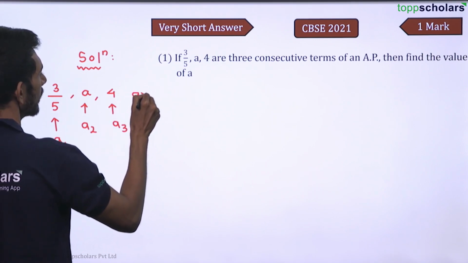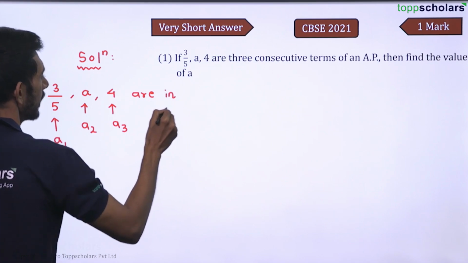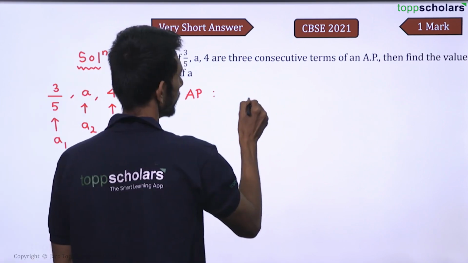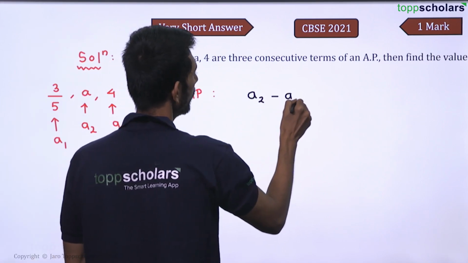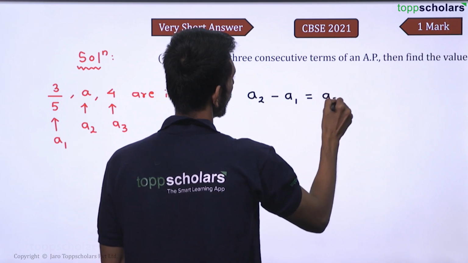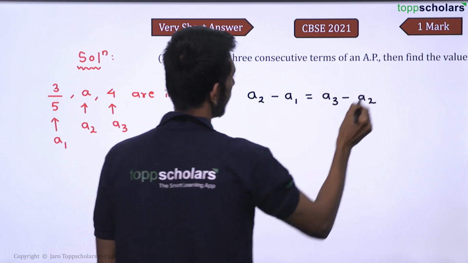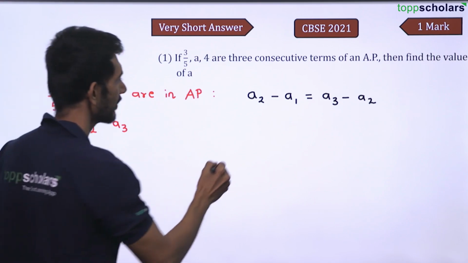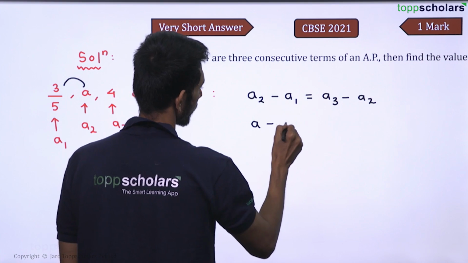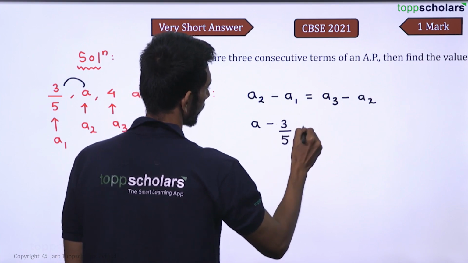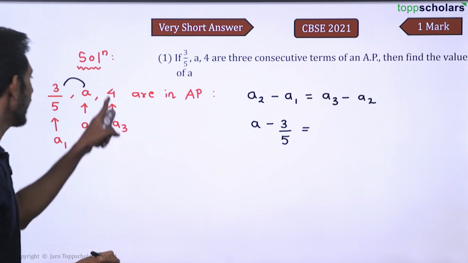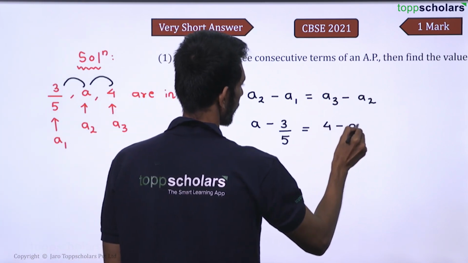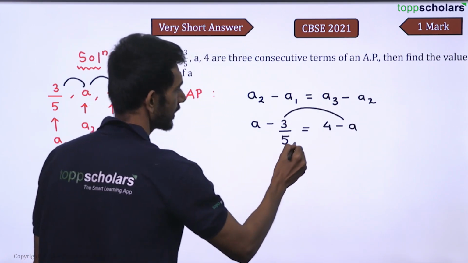Now they are in AP, right? Therefore we can say A2 minus A1 is equal to A3 minus A2. So A minus 3 by 5 is equal to A3 minus A2, that is 4 minus A. Minus A comes here, 3 by 5 goes there.